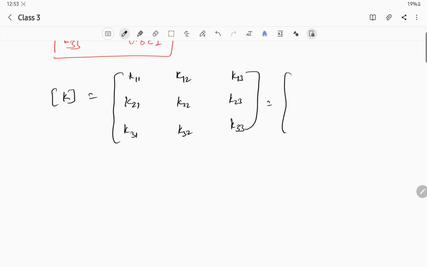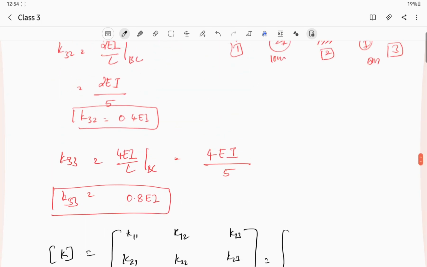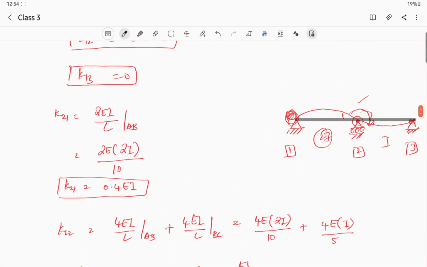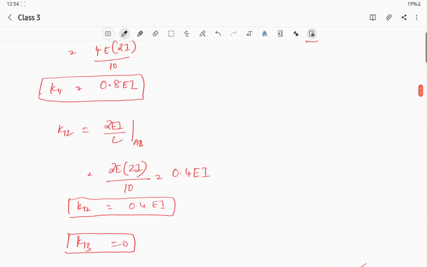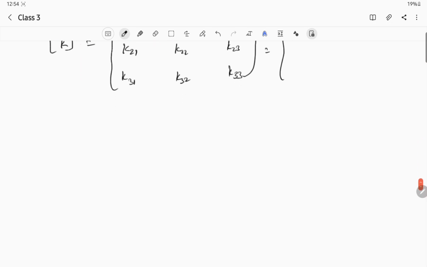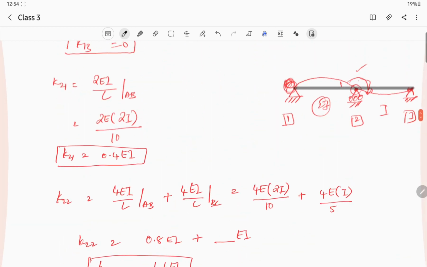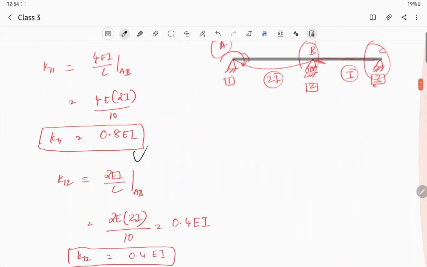We'll write all the values accordingly here. So what are the values we got for K11? You can see here, K11 is 0.8 EI. Then K12, what is the value we got?